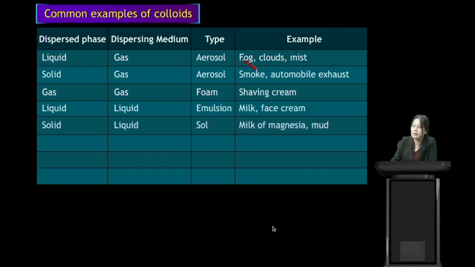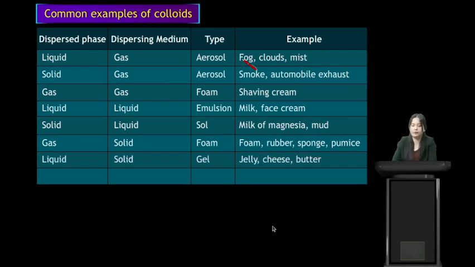The next is if the dispersed phase is solid and the dispersion medium is liquid. This type of colloid is known as sol, and some examples include milk of magnesia and mud. The next is if the dispersed phase is gas and the dispersion medium is solid. This type of colloid is known as solid foam, and some examples include foam rubber, sponge and pumice.